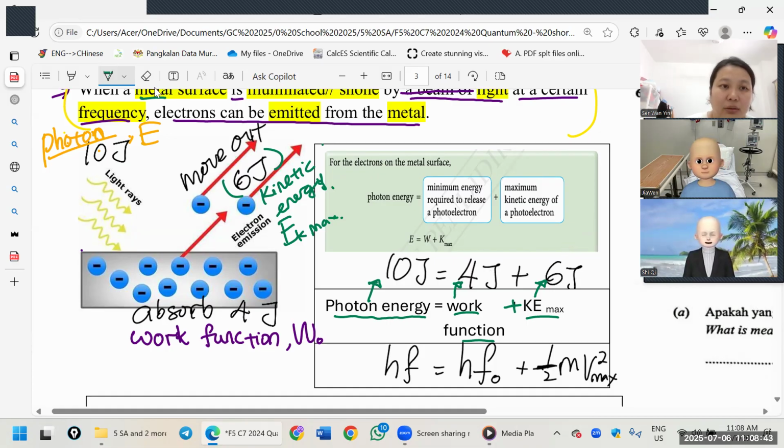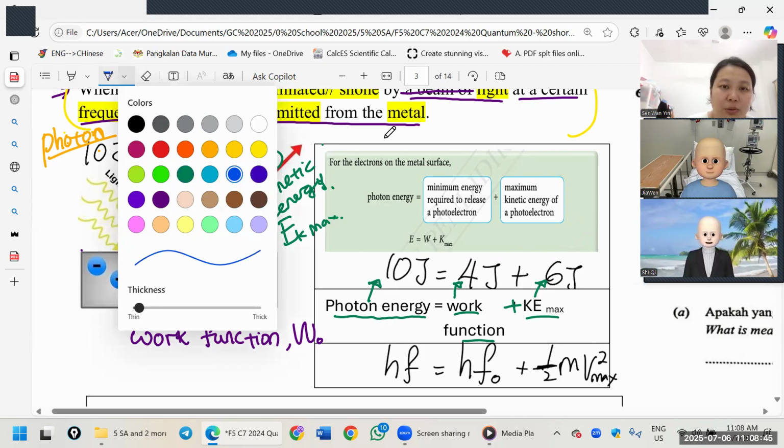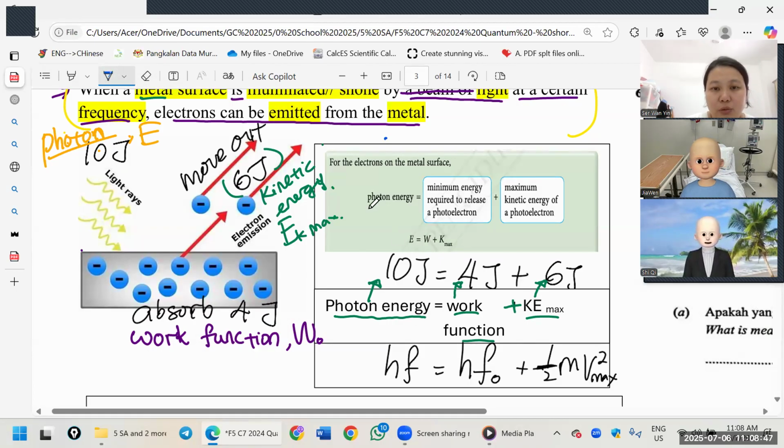Then I come back to the textbook. Textbook says photon energy, the light energy, equals work function, which actually means the minimum energy required to release a photoelectron. Or you might say to release an electron.